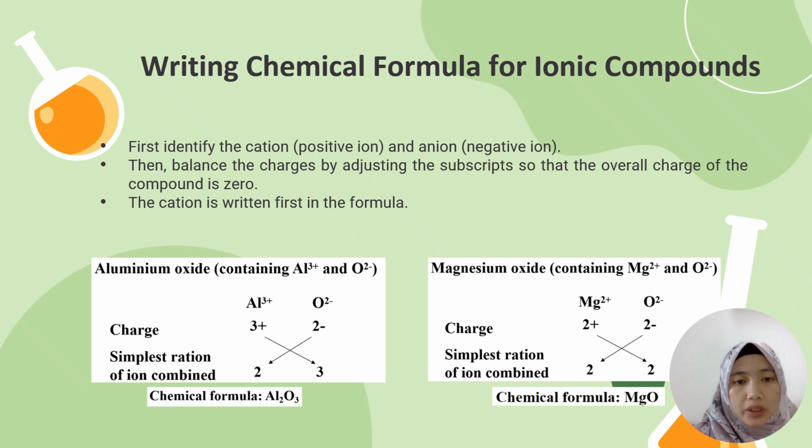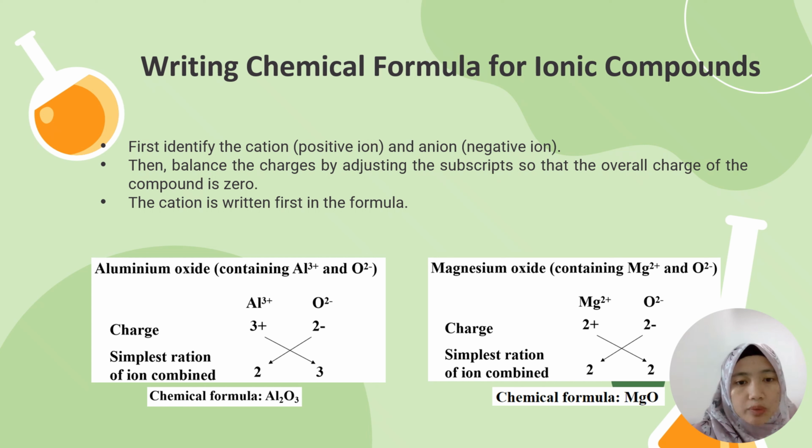So you need to know the charge for each. Aluminium has a +3 ion and oxygen has a -2 ion. So we will write the cation first and then the anion. Then you need to balance the charges by adjusting the subscripts so that the overall charge of the compound is 0. So you need to bring it to the opposite side.